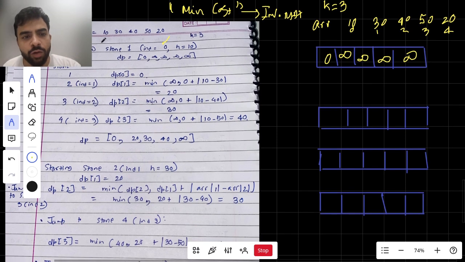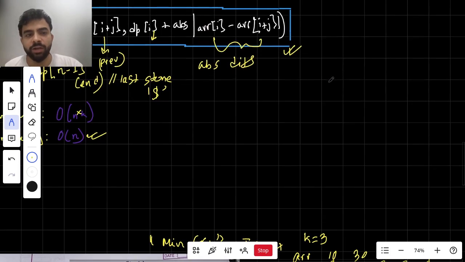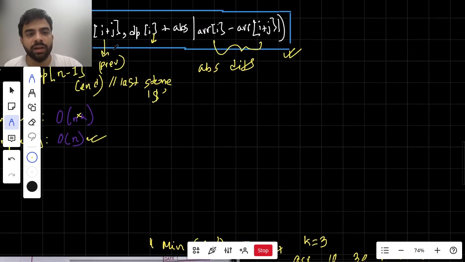Now what I'll be saying is dp of 0 is equal to 0. I've already told you that dp of 0 is equal to 0. This is my first table done. Now let's see what is there. My first table has to be filled like this. I have dp of 1 as minimum of infinity comma 0 plus, what is infinity? If I see this particular relation, infinity is nothing but i plus j.